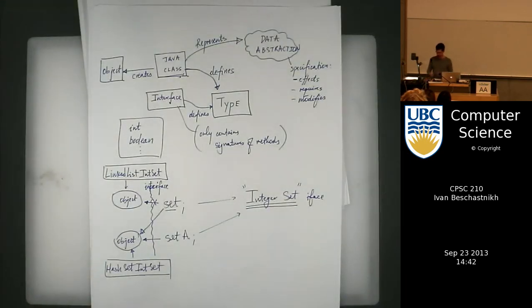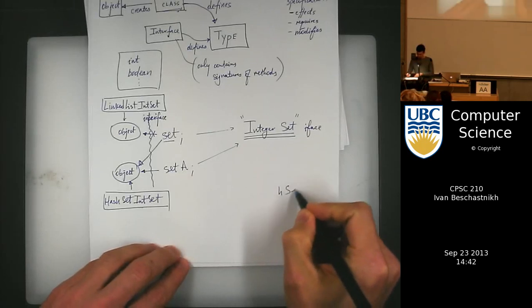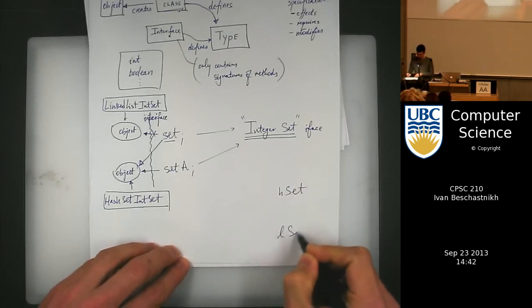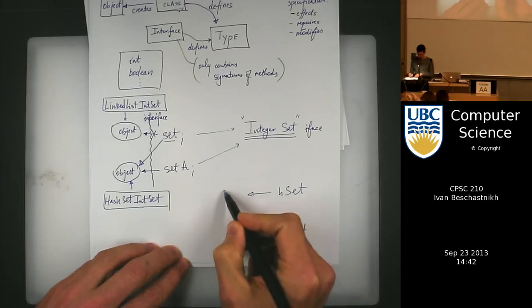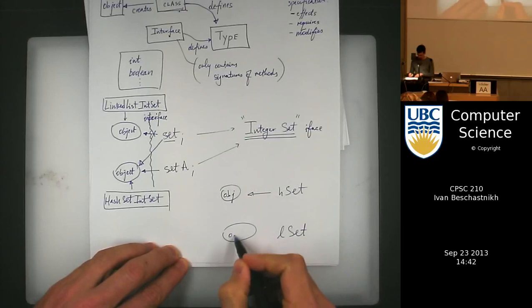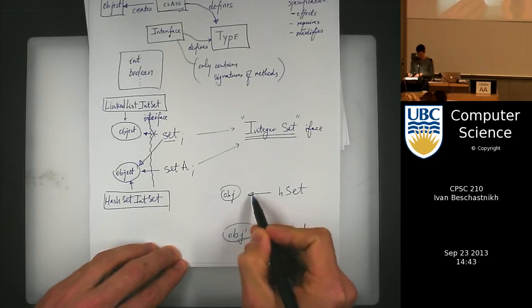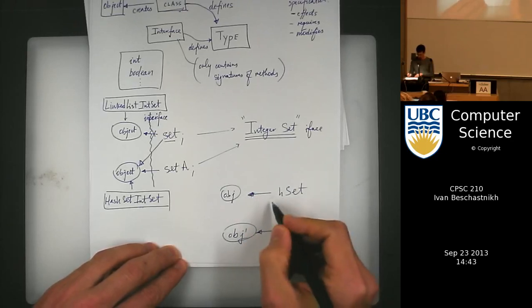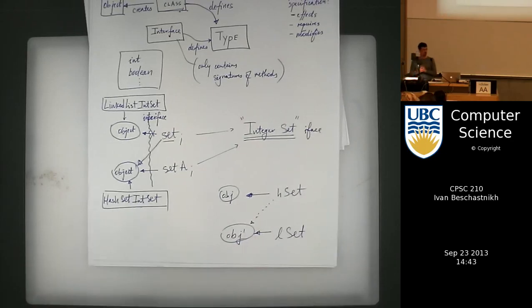So another way of saying that is that if I have an H set and an L set, and now they're pointing to these two objects that I just created, I can try to make H set point to this guy, but it's going to fail.